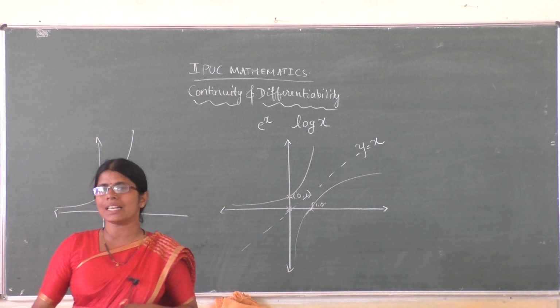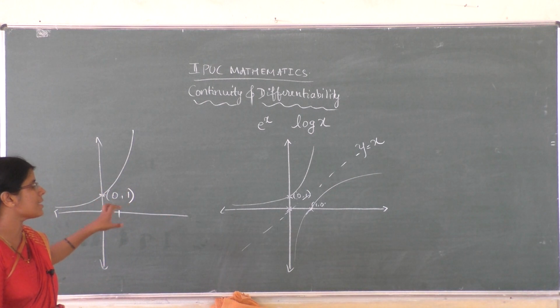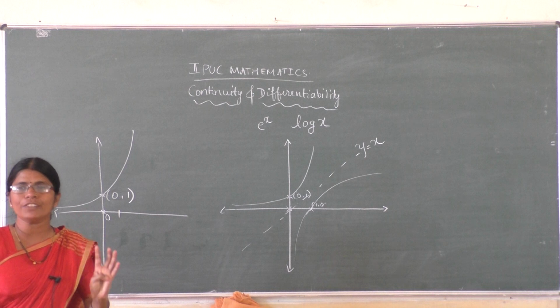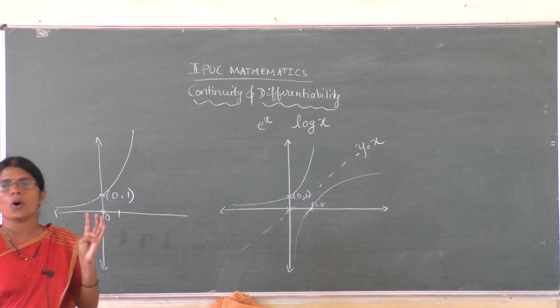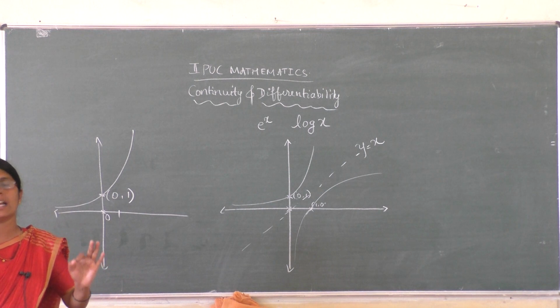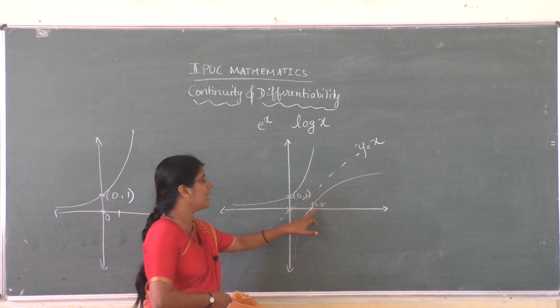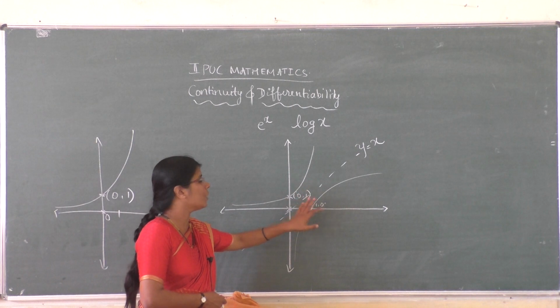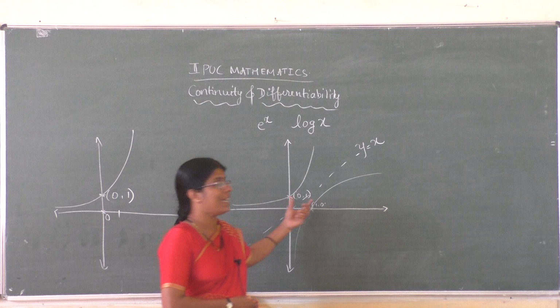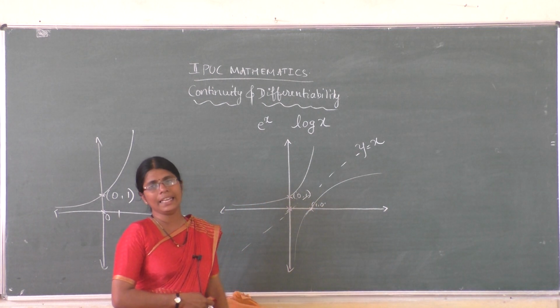So you have to consider some natural properties of the logarithmic function. The domain of the logarithmic function is positive real numbers. The range of the logarithmic function is the set of all real numbers. Here (1, 0) is a point on the curve, it always lies on the curve, and this function is also increasing.